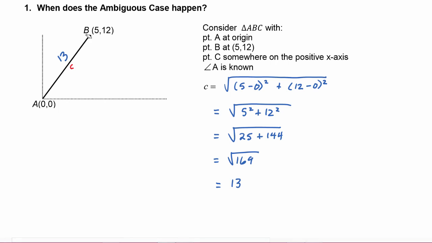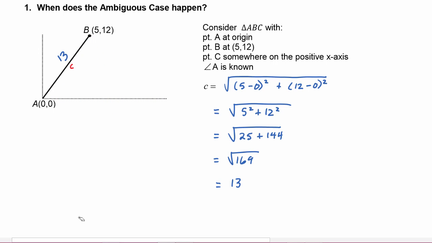The next thing we're going to do is look at 4 different cases of what could happen with the length of side a, and we know that side a will be the side of the triangle that is opposite from angle A. So side a will be the side that connects point B to point C somewhere along the positive x-axis.